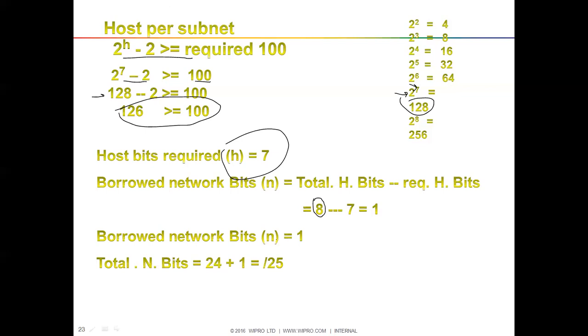So we need to borrow the small n value, that is 1. Our total bits are now 24 plus 1, which is another formula, giving the slash value /25. So with the h value we got the n value, and with the n value we got our /25.